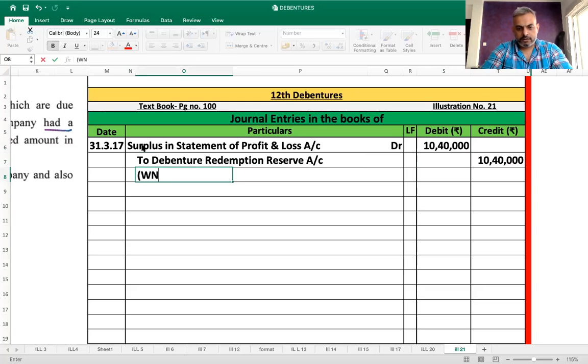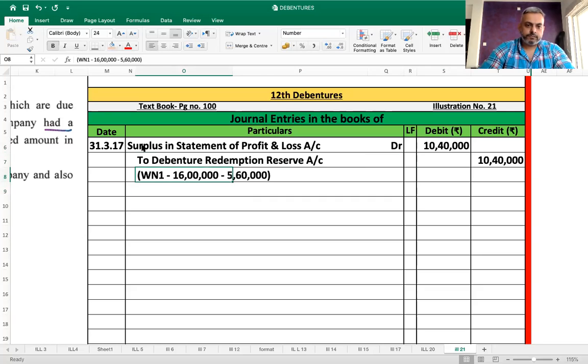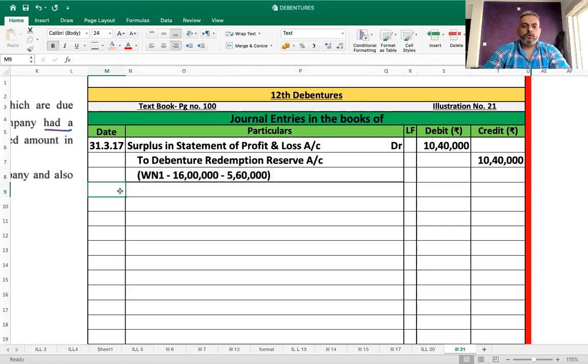Working note 1, which is 16 lakh minus 5,60,000. So this is on 31/3/2017.